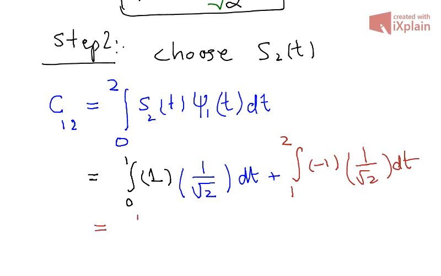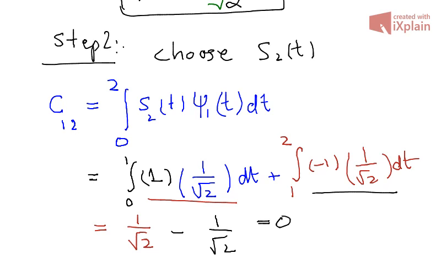You get 1 over under root 2 from the first integral, and from the second integral you would get -1 over under root 2, and it is 0, right?